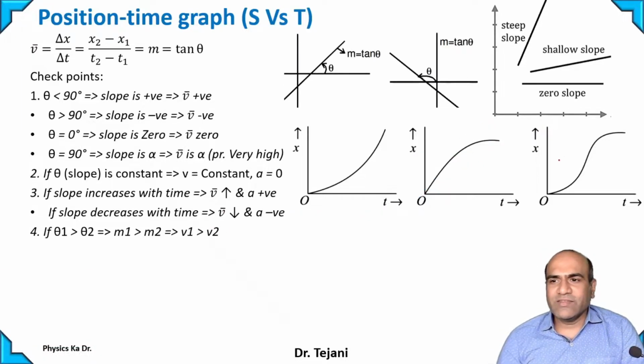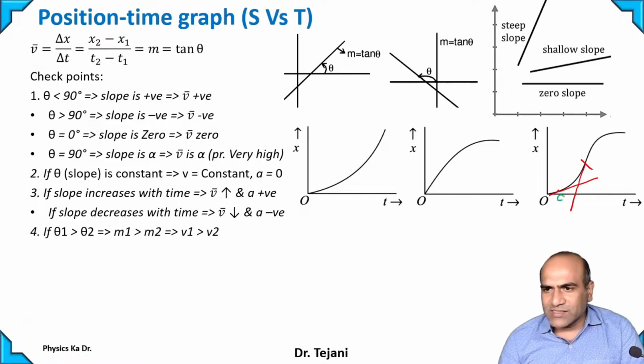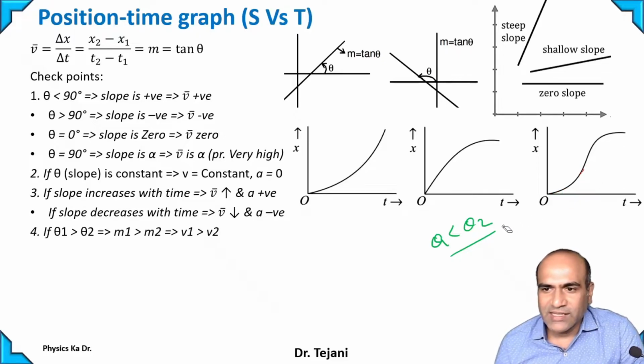And in the third case, let's take this position. Let's take one tangent here, a second tangent here. This is theta 1, this is theta 2. Theta 1 is smaller than theta 2, so the angle increases, velocity increases.